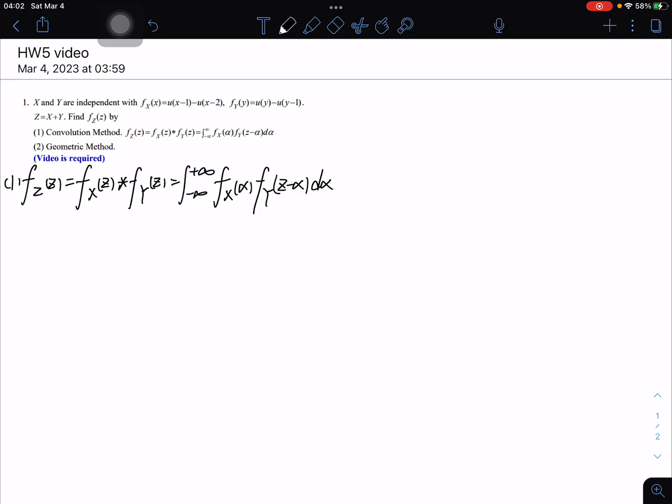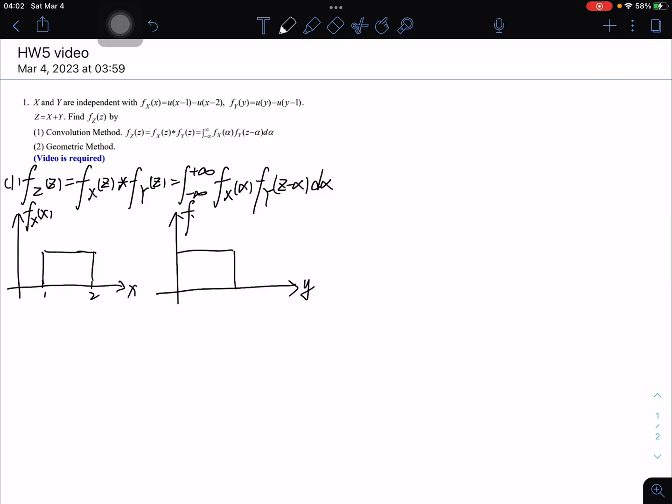Okay, let's plot f_X and f_Y. We know that f_X is like this, on the x axis, and f_Y like this, on the y axis. It's the diagram of these two functions.